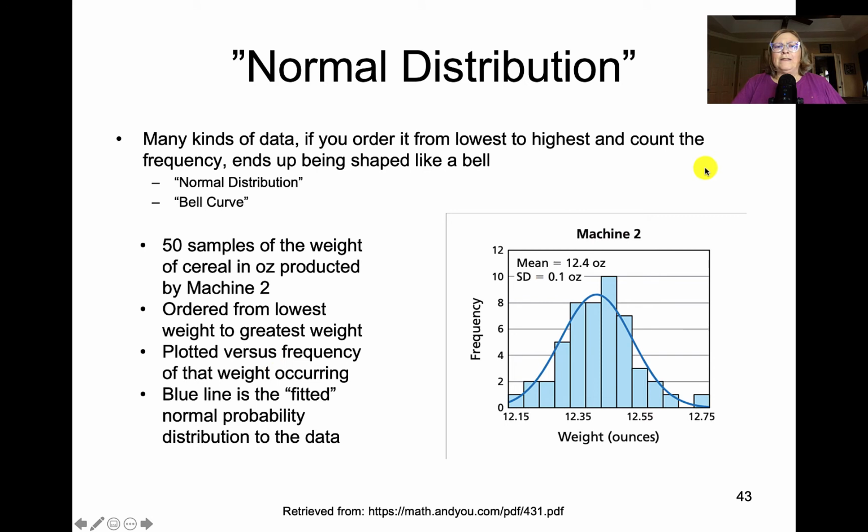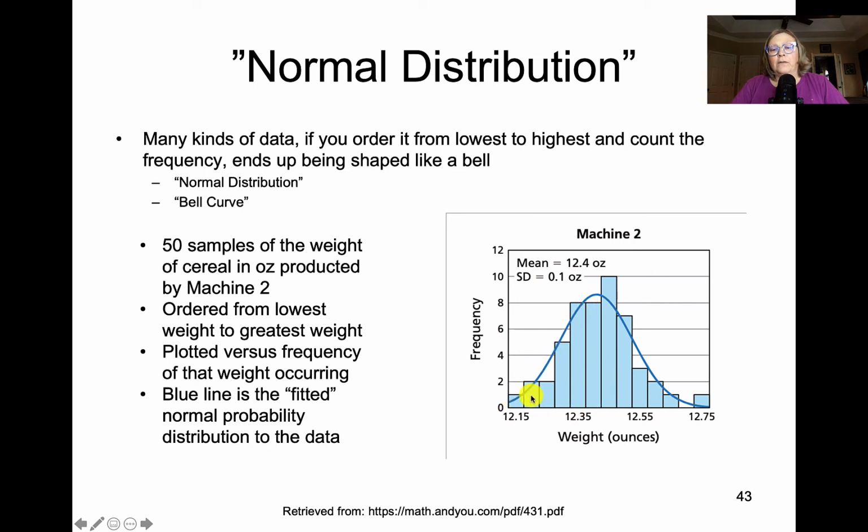So going back to normal distribution in a little more depth, I think I said this before, but the important thing is that there are so many kinds of data that if you order it from the lowest to the highest, and then you count how many times you get that data, it ends up being shaped like a bell curve. The dark blue line here shows the normal distribution that best fits this data.